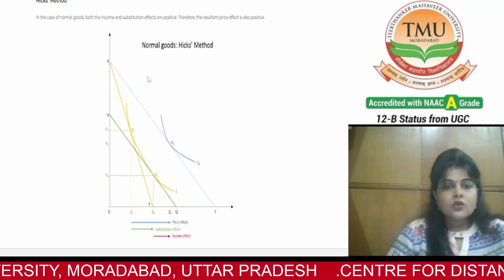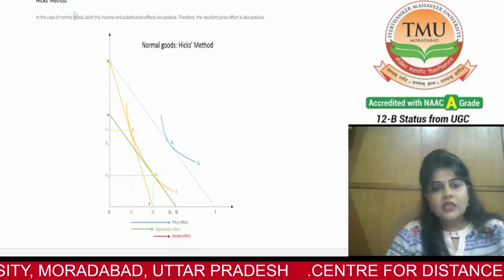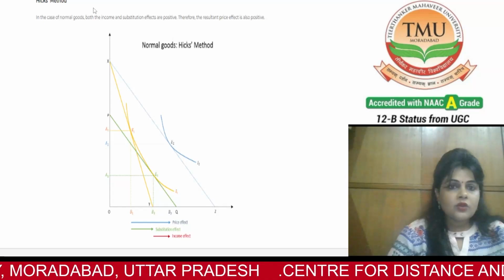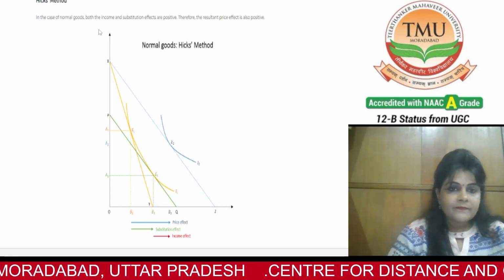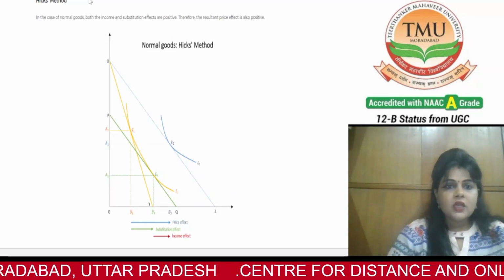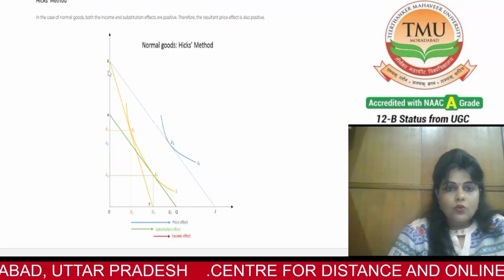Here you are seeing the new equilibrium point is at E2. First of all, the equilibrium point is that, drawn with the orange line, and the first budget line is XY.